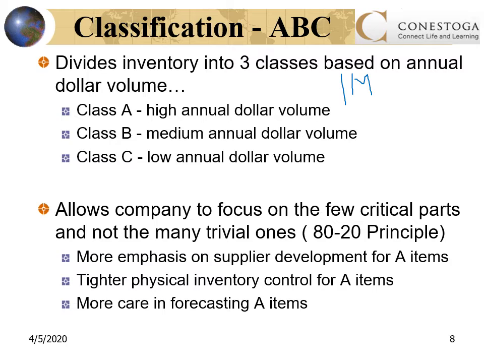So maybe the top 5 items out of those 100 might account for, say, 60% of your total spending amount. So let's think of a factory. Those items could be the motors or some specific raw materials which are used in the production and so on.